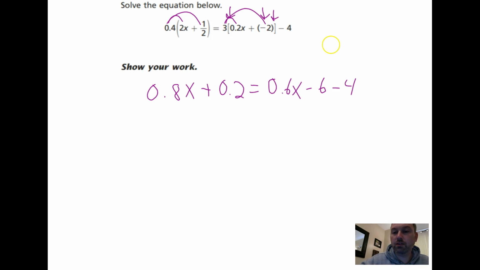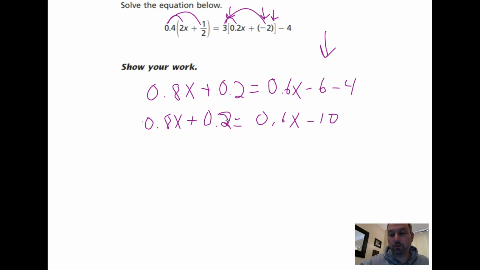On the right hand side you recognize that you can combine like terms. So let's bring down the 0.8x plus 0.2 equals, and over here is 0.6x minus 10. Now you can subtract 0.2 from both sides, and you can subtract 0.6x from both sides.